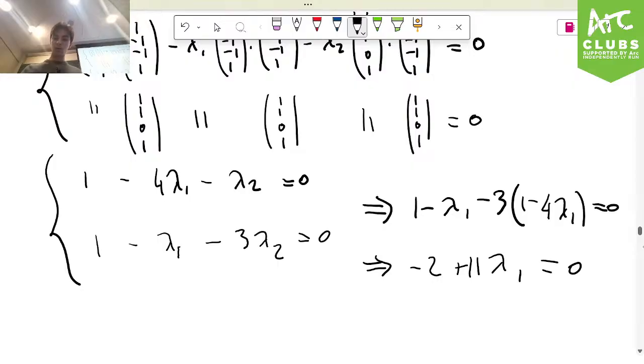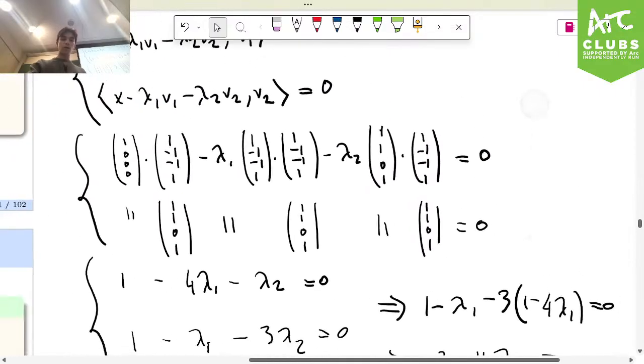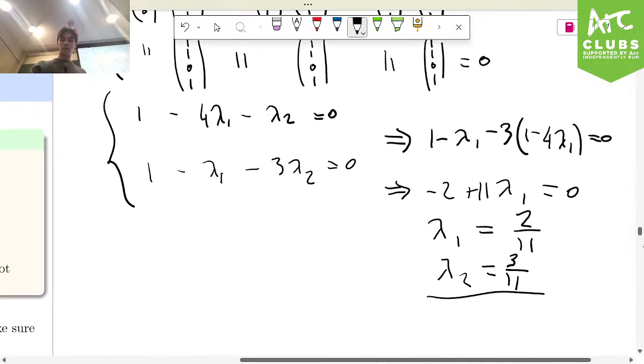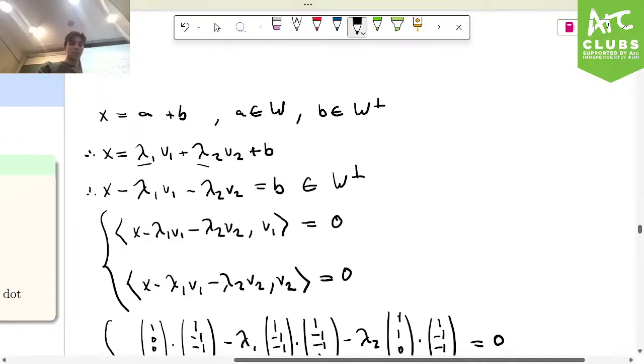So lambda 1 is equal to 2 on 11. And we also get that lambda 2 is, I think, 3 on 11. So just some linear equations there to solve for lambda 1 and lambda 2, which are our coefficients of v1 and v2 in our expression for a.